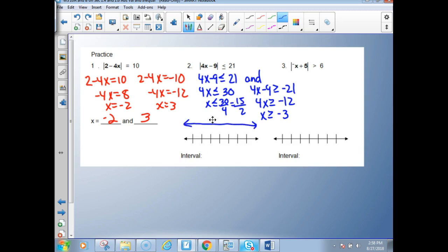So as long as you have -3 inclusive up to 15/2 inclusive, it would be shaded in the middle. And then the interval notation, -3 to 15/2 with hard brackets.